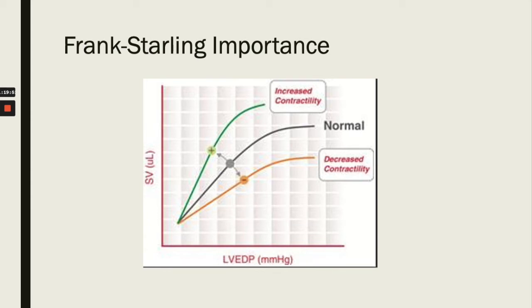And when you give them that fluid challenge, when you increase their preload, you're going to increase their contractility, and you're going to increase their stroke volume. So they'll go from here to here, and hopefully higher up on this portion of the curve until they reach this flat portion, meaning that there is no variation and they have an adequate preload reserve.